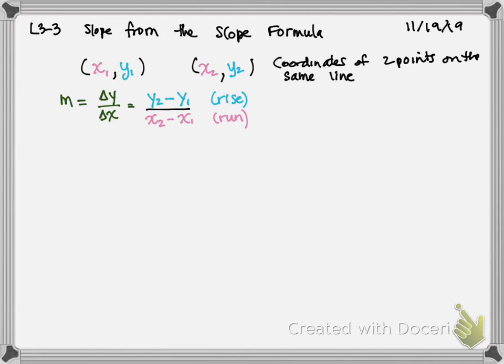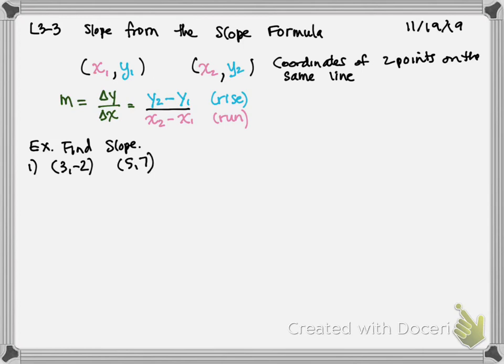All right, so we're going to do 2 examples, one just a basic one, and then one is a tricky one that a lot of people struggle with. So this one just says find slope, and we've got 2 ordered pairs, 3, -2 and 5, 7.